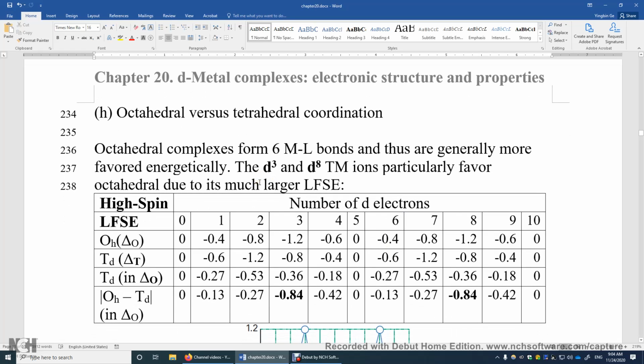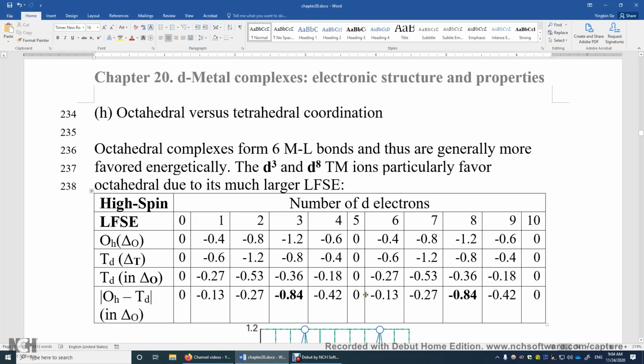Now let's look at the ligand field stabilization energy for an octahedral complex versus a tetrahedral complex for their high spin electronic states. So this table is only for the high spin cases. And actually, if you have a high spin case, the first column you should look at is when you have 5 d electrons.